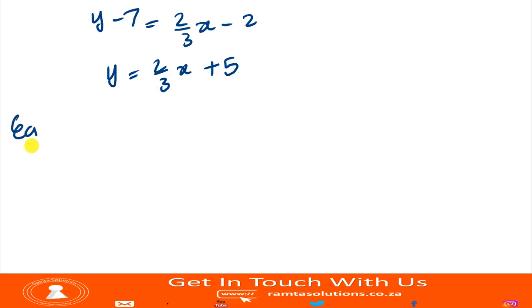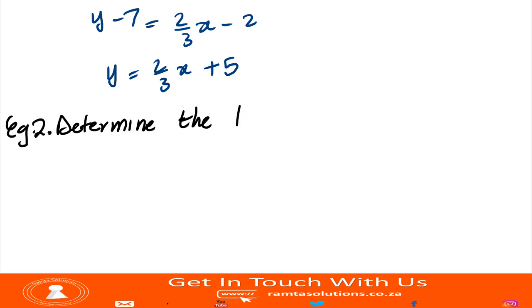Now, example 2, determine the equation of the line. Forgot that I'm writing in black. Example 2, determine the equation of the line.